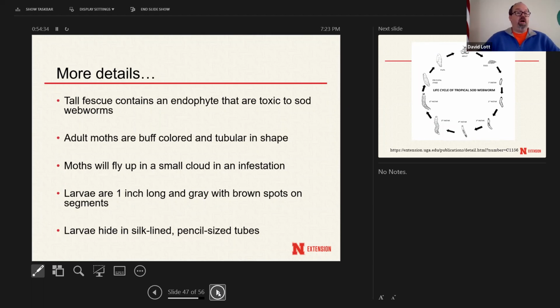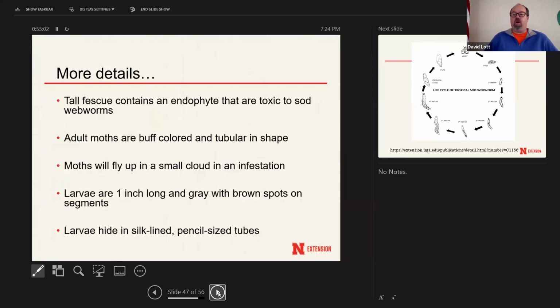The adults are these tubular shaped moths that are buff color. If you have a bunch of sod webworm adults, you will literally walk through the lawn and see all these little moths fly up, these little tubular guys that look like little sticks or grass blades. The larvae are an inch long and gray with brown spots and segments, but they're really tan in appearance.